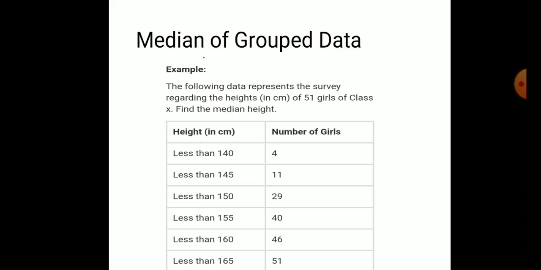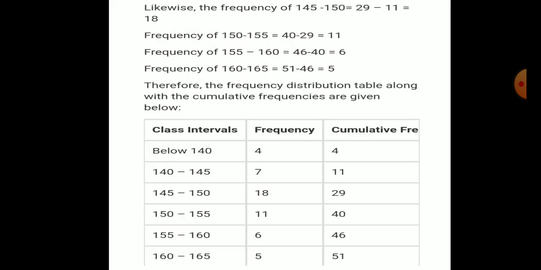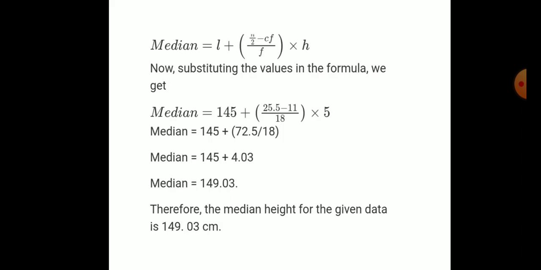So the median of the heights of girls is 149.03 in centimeters. Okay, so if it is group data, the median divides the distribution in half.